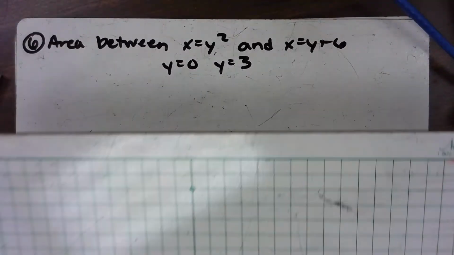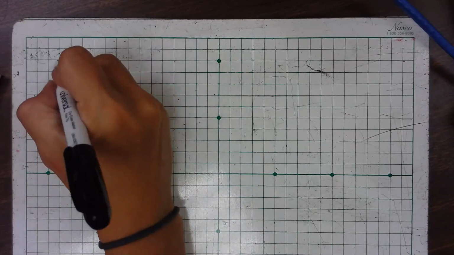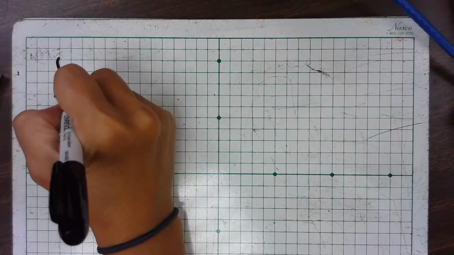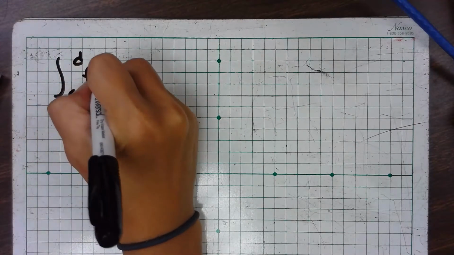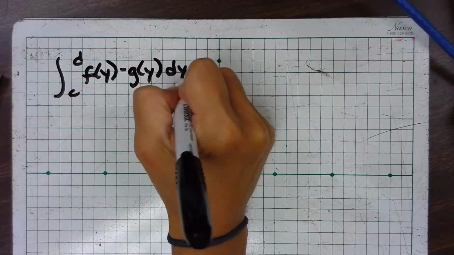Now, if you notice, everything we've done has been in terms of x. Sometimes it's easier to find area using horizontal slices, integration with respect to y, and using the y-axis as the bounds. So we would have it with respect to y, and we would have y's in here.